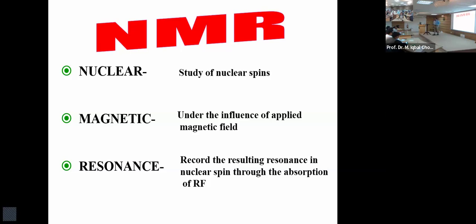Technological impediment was that radio frequency is really very, very tiny, very low energy radiation. And developing detectors which can detect such a weak signal was a technological impediment.